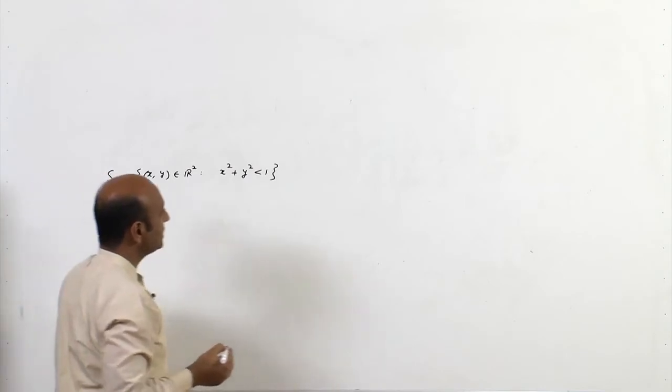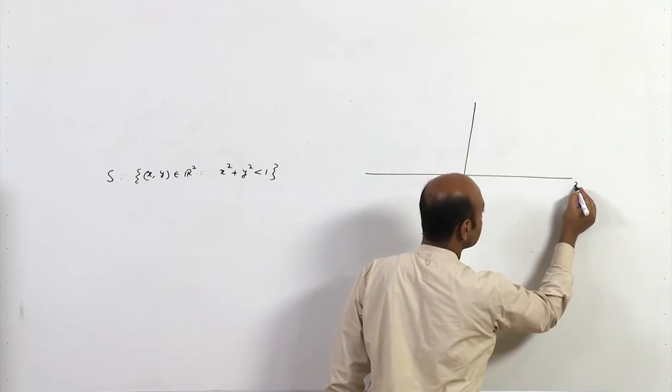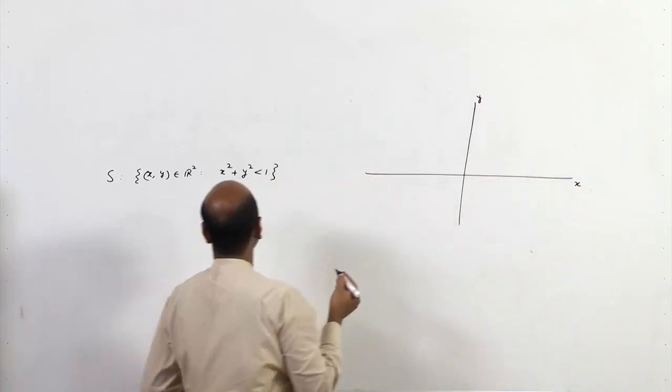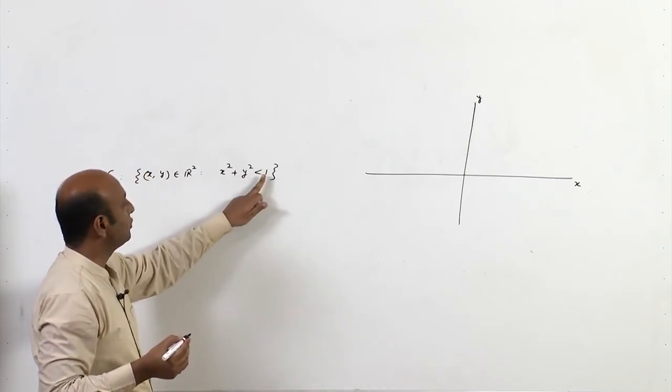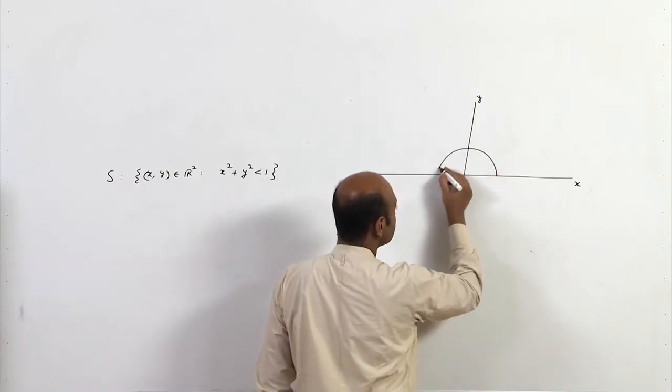So, what is this region? This is the x axis and this is the y axis, and this is basically the unit circle, a region inside the unit circle. So, this is 1. This is basically the circle.